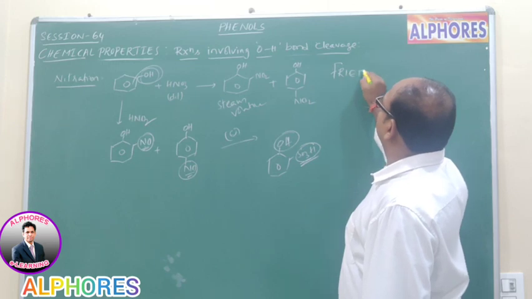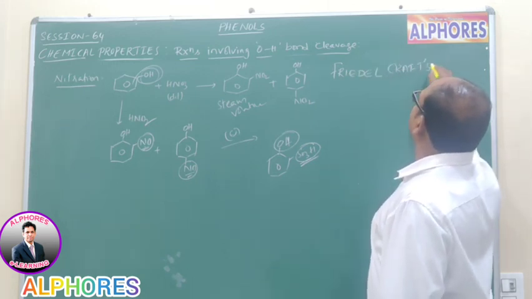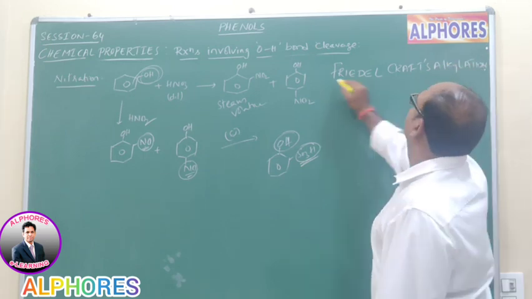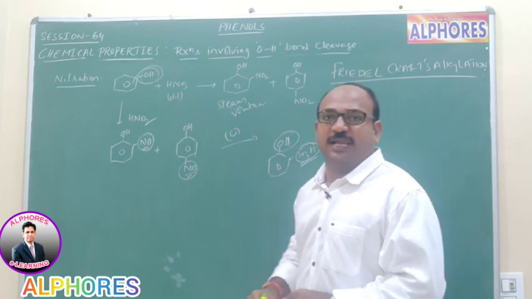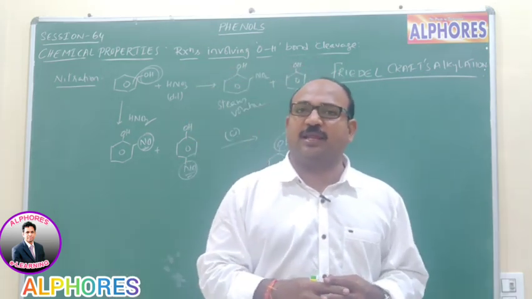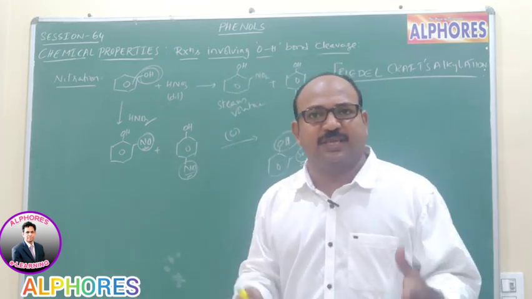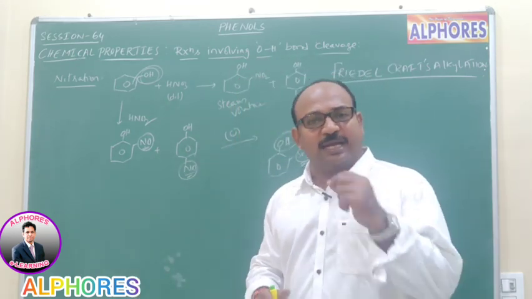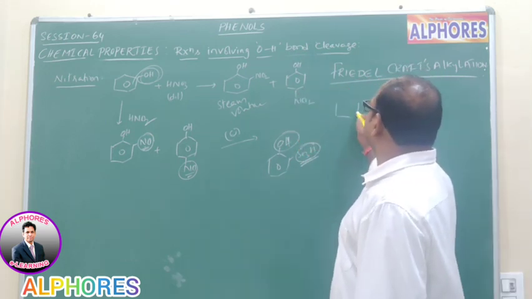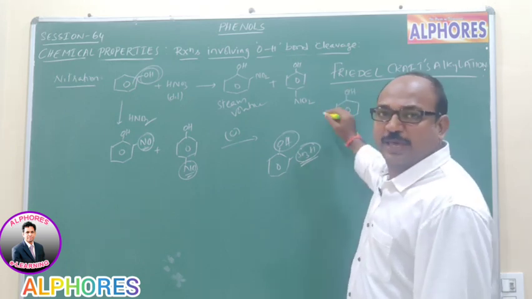Next reaction, Friedel-Crafts alkylation. In Friedel-Crafts alkylation, which we learned in benzene reactions, benzene upon reaction with an alkyl halide in the presence of anhydrous AlCl3 or a Lewis acid like FeCl3 or ZnCl2, whatever it may be, gives alkyl benzene. Just like that, here instead of benzene we are going to use phenol, and the OH group is an ortho-para directing group.